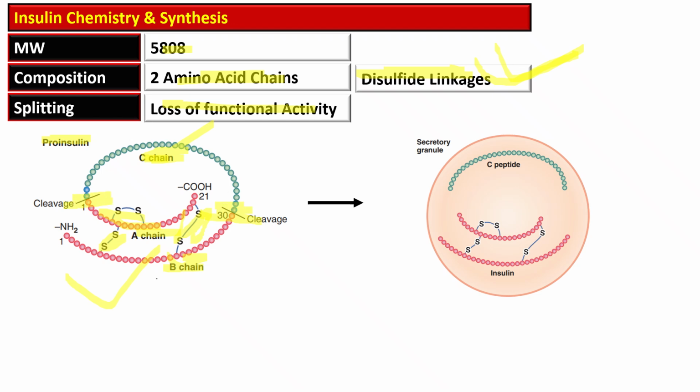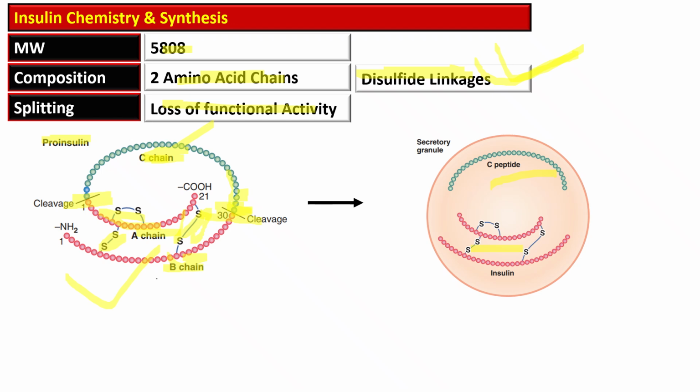This green area, the C chain, has a cleavage site at both ends, and the C chain is removed, leaving only the A and B chains linked together by disulfide bonding, forming active insulin.